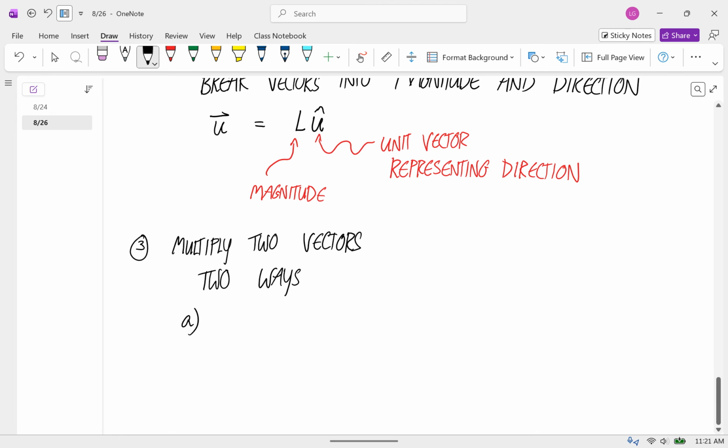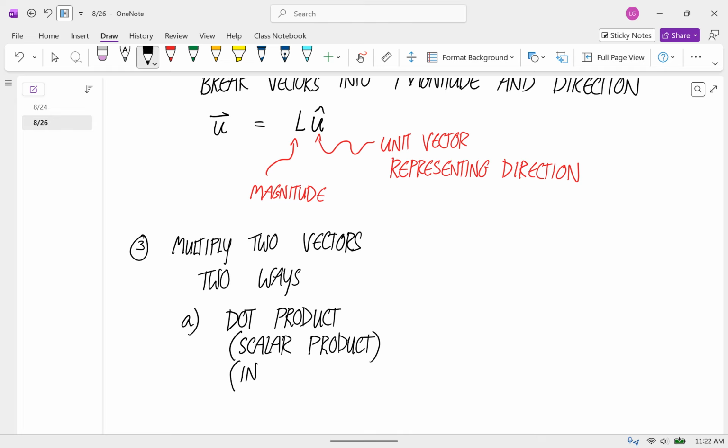The first one is the dot product. Sometimes you'll see this referred to as the scalar product. Sometimes you'll see it referred to as the inner product.